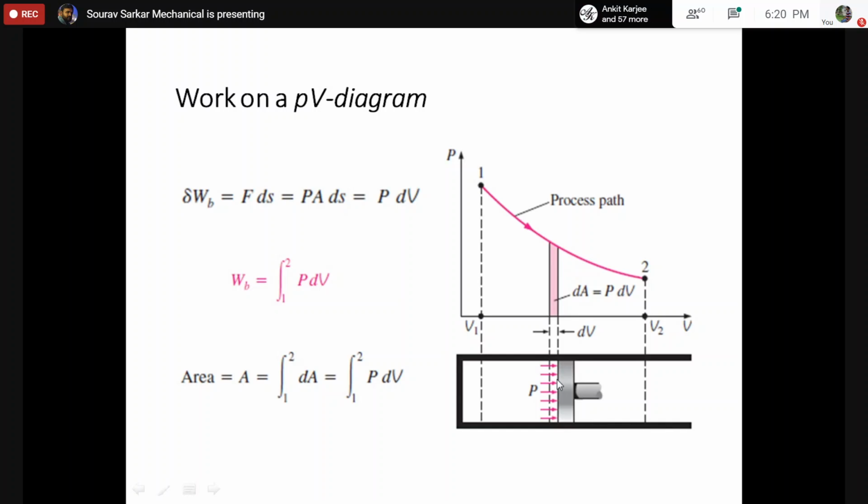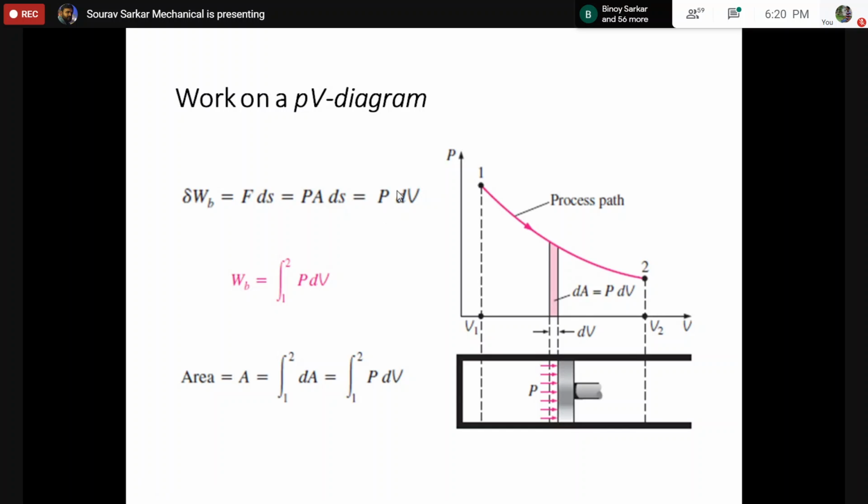If you know the cross-section area and the length, for a circular cylinder it is a cylinder-shaped volume, something like pi r square into dl. So this A into ds gets converted into dV. That's why the work done in a piston is P into dV.